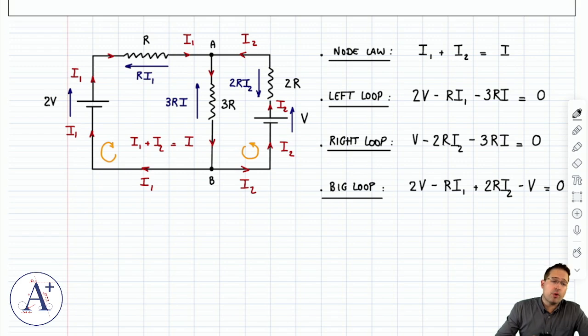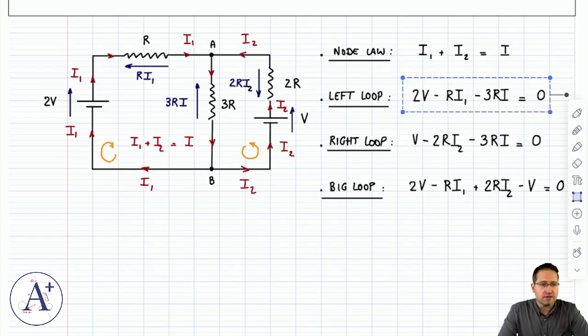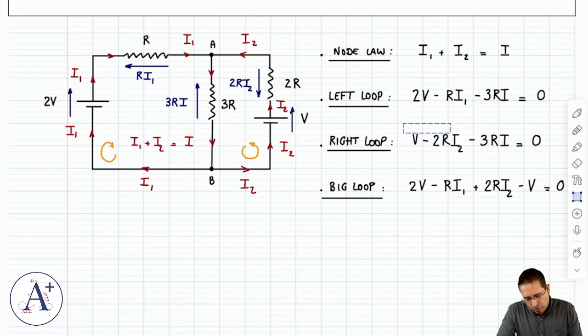Now, again, we wrote all 3 just for practice, but also to point out the following. There will be more loop laws than you need, and very likely, at some point, you will find that loop laws are redundant. What do I mean? Imagine you consider the left loop law, this thing, and then you subtract this thing. Well, you're going to get this.